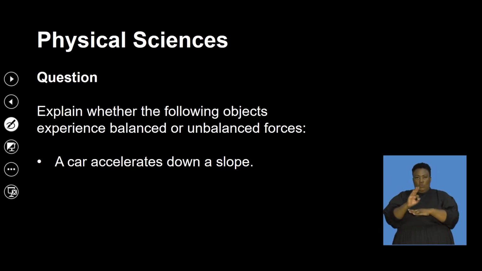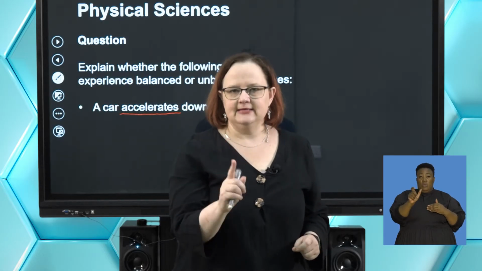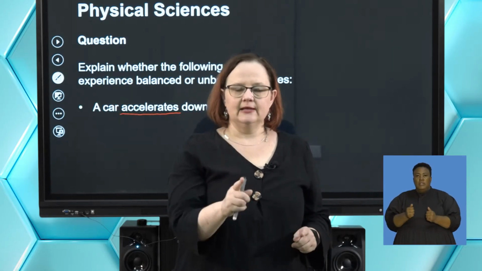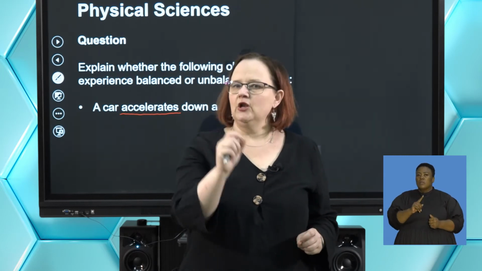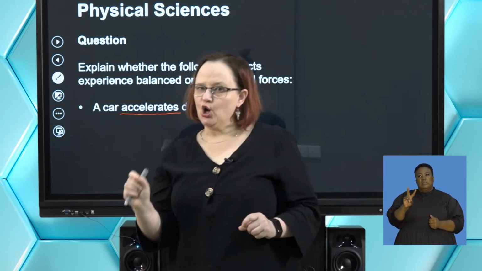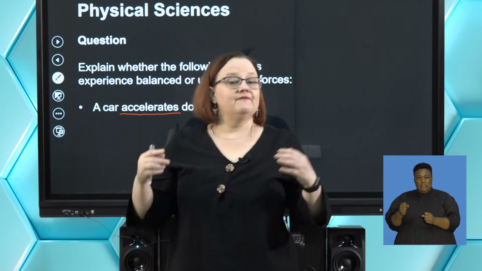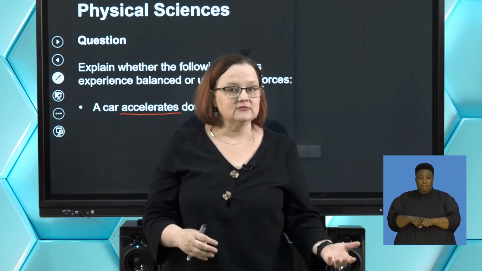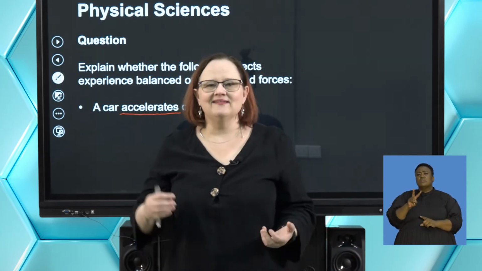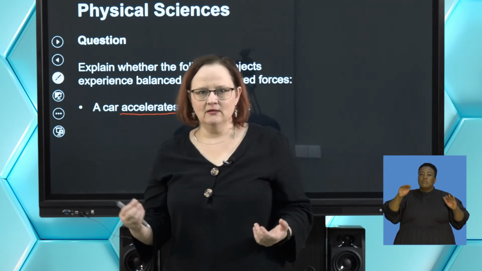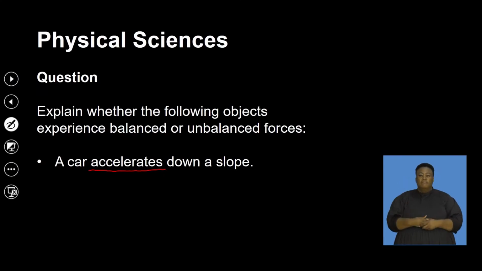First question, a car accelerates down a slope. Keyword, accelerates. Accelerates means velocity isn't constant. If velocity isn't constant, then the forces are unbalanced, okay? So, explain, well, velocity isn't constant.